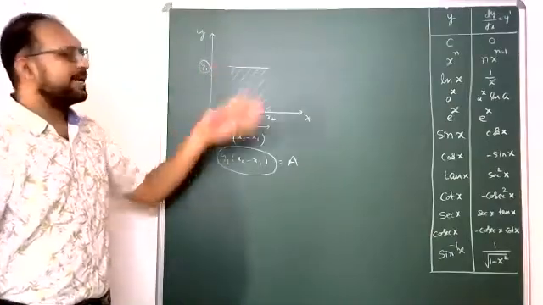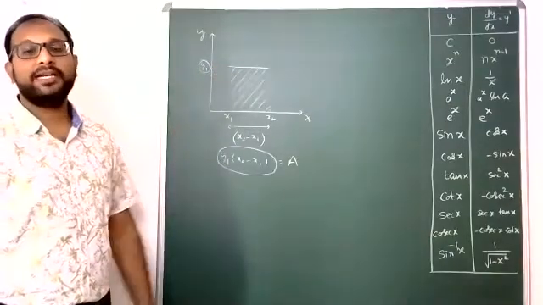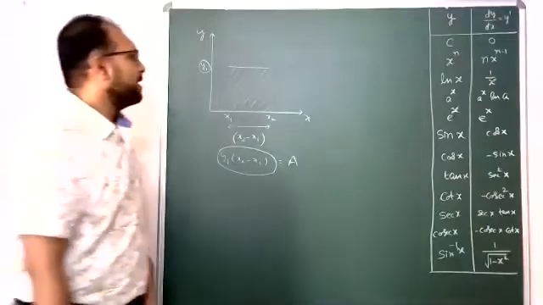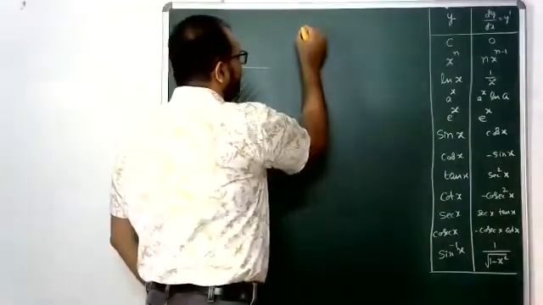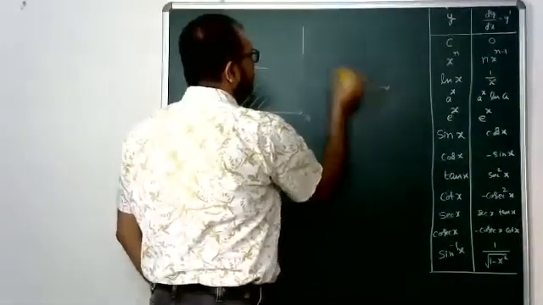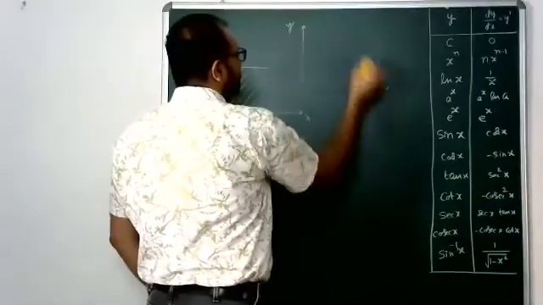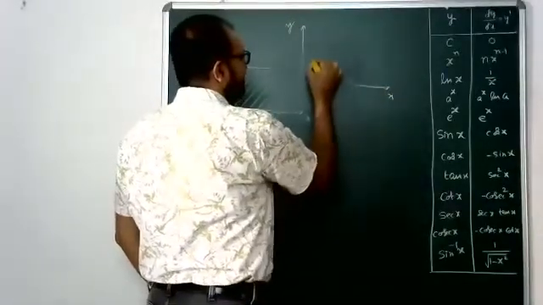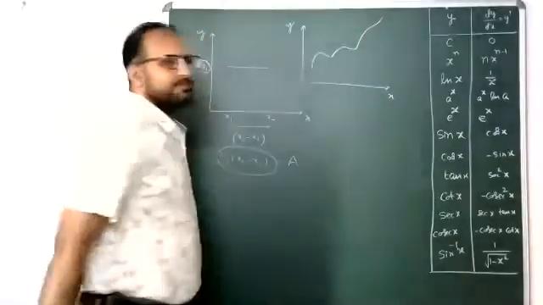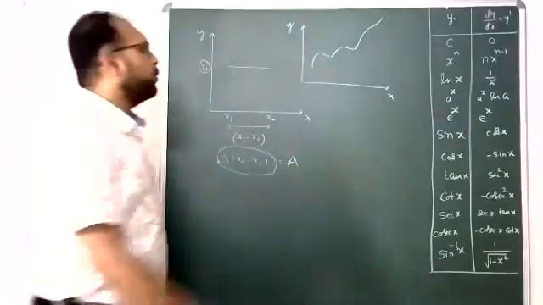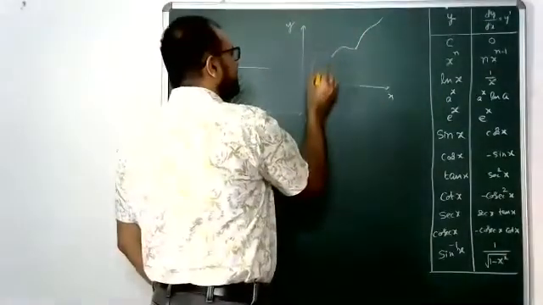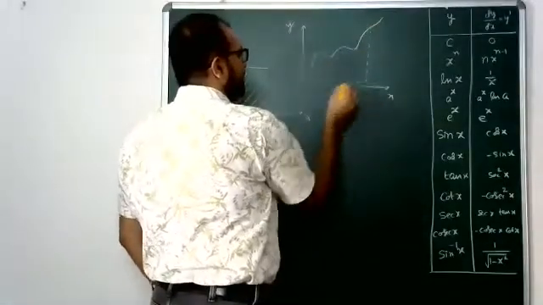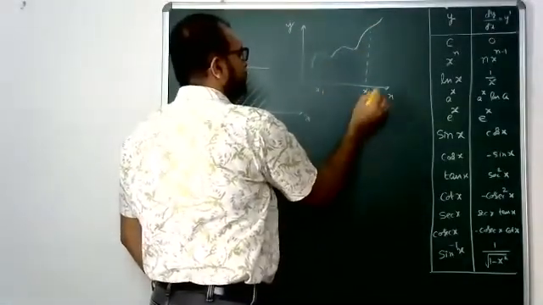This is just one straight line, that's why we easily calculated it from the rectangle principle. But suppose, students, here the function y versus x is a graph like this. How do we calculate the area under this graph from x1 to x2?